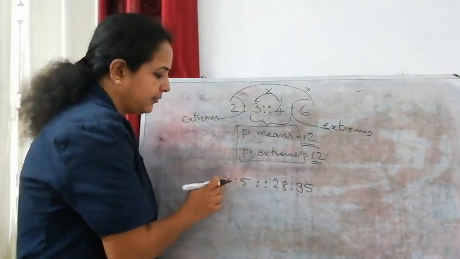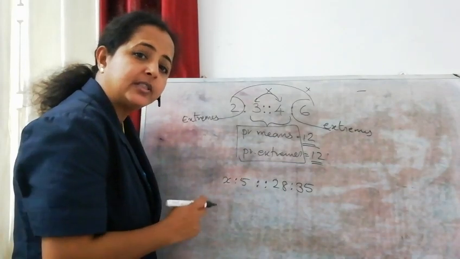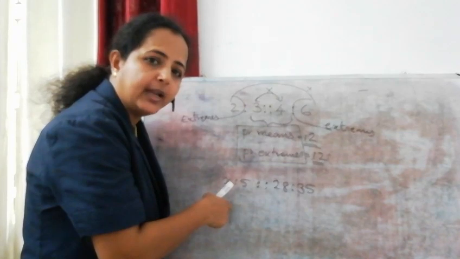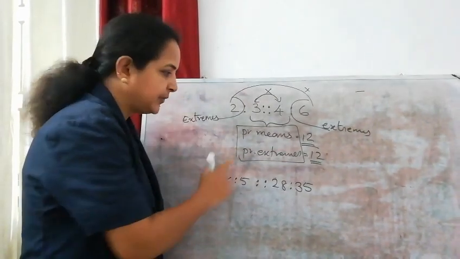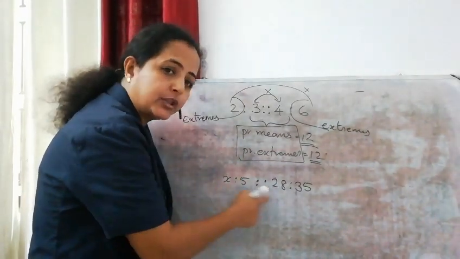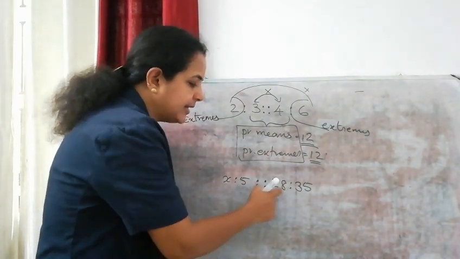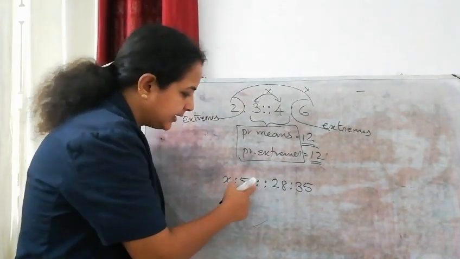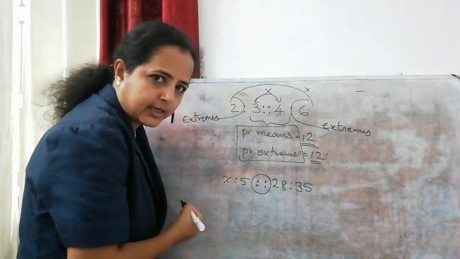What is the first proportional? Using this we can identify the first number. Given that they are in proportion, the product of means is equal to the product of extremes.